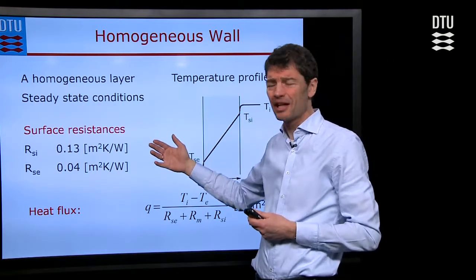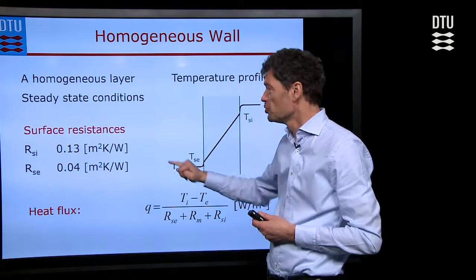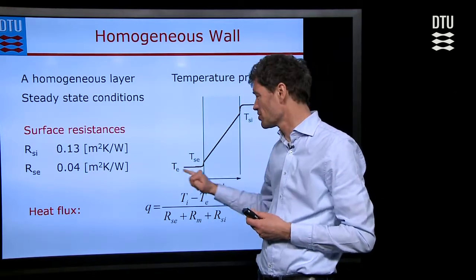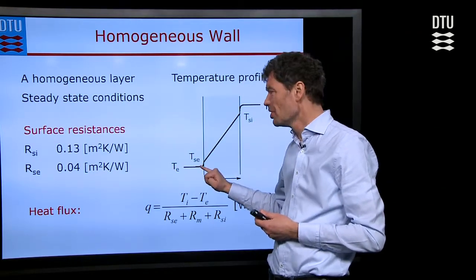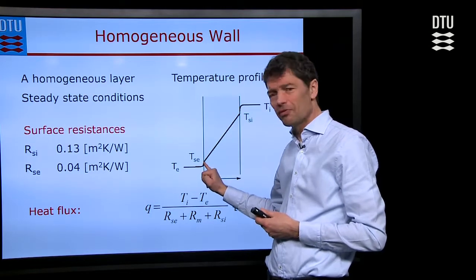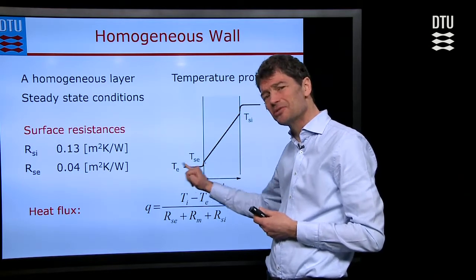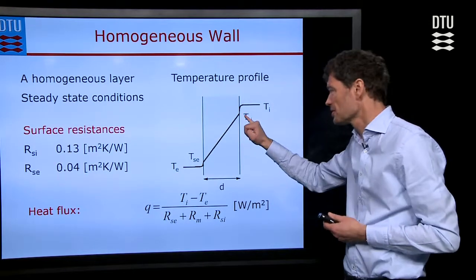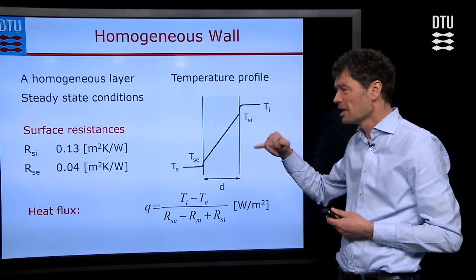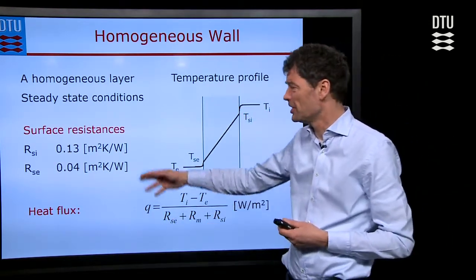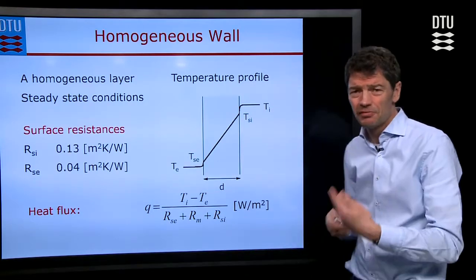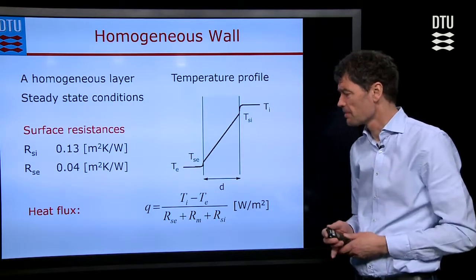But for standard calculations, we also use a thermal resistance to characterize typical conditions for the heat flow from the exterior surface to the outdoor environment, as well as on the inside surfaces. And here are the standard values for thermal resistance in those places.